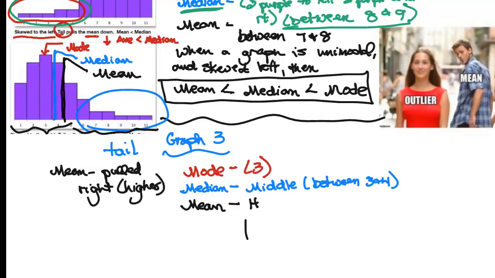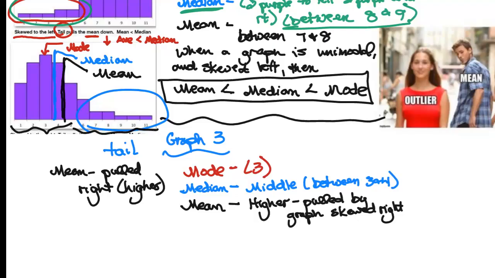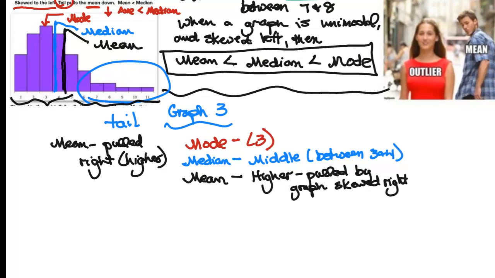So your mean is going to be higher because it is pulled or made higher by the fact that this graph is skewed to the right. Skewed to the right. There's a lot of terminology going on here: skewed, mode, median, mean, all those things.